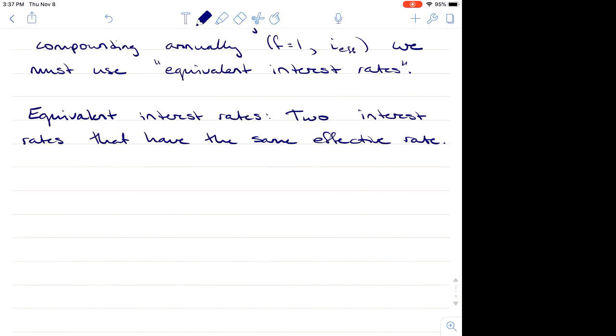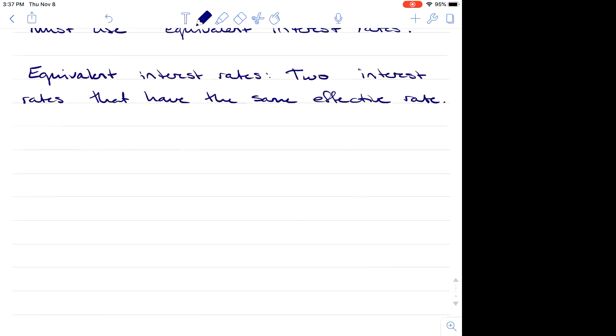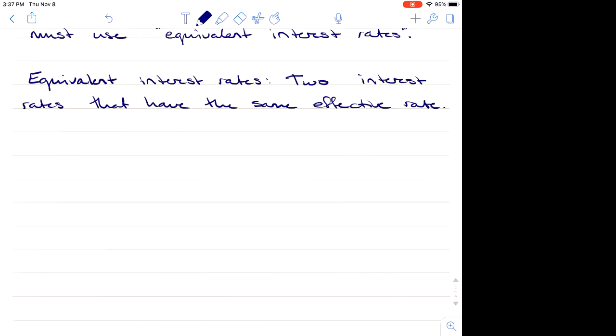So if we use this fact that they have to have the same effective rate, we can develop a new formula for moving from one F to another F. Effective rate 1 has to be the same as effective rate 2, just by definition. They're equivalent if they have the same effective rate.